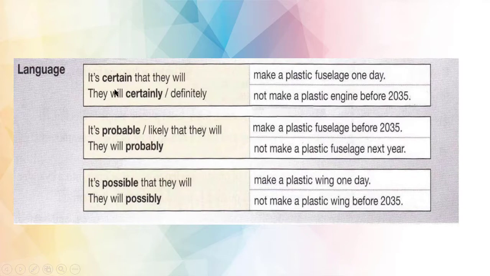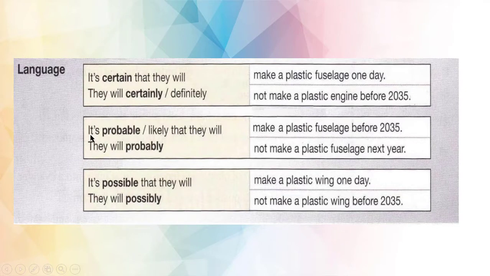We can say, they will certainly, definitely make a plastic fuselage one day, or if we want to make it a negative sentence, they will certainly, definitely not make a plastic engine before 2035. Be careful because we don't use not after will, but we use not after definitely or certainly, okay? Be careful.